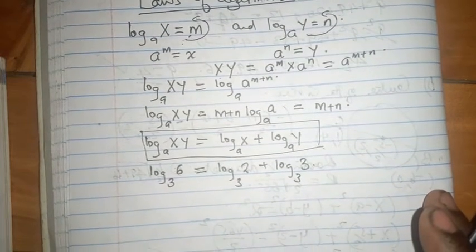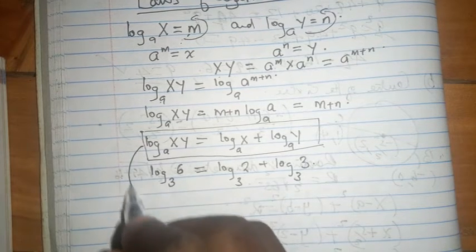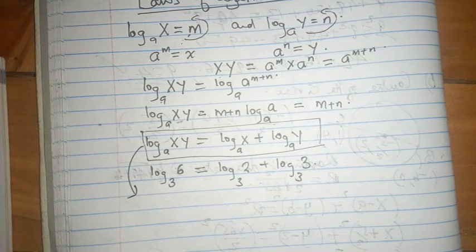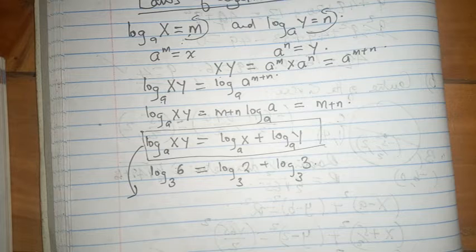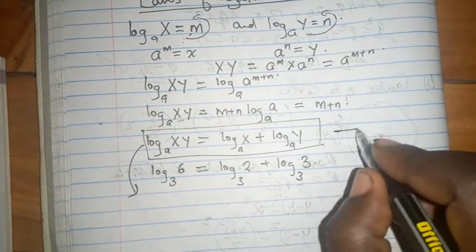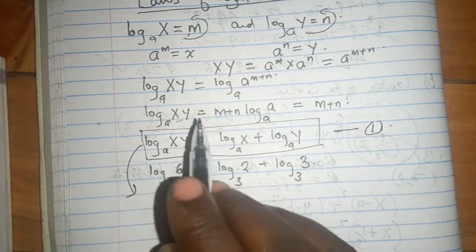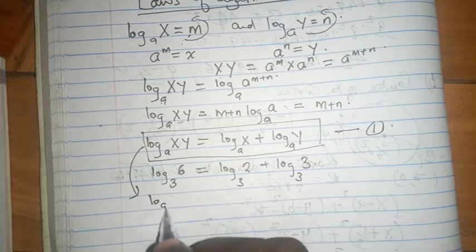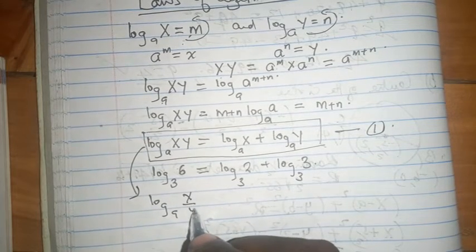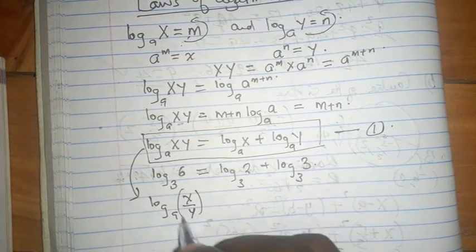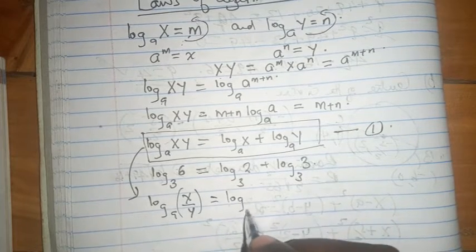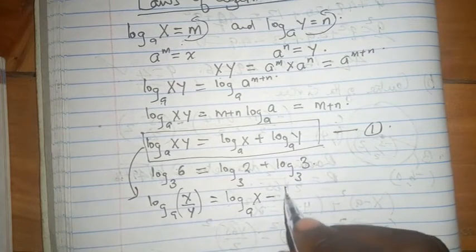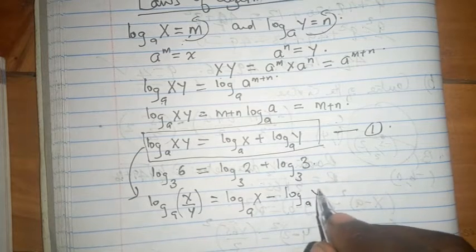This result is one of the laws of logarithm, and you can use similar methods to prove two further laws. Let's call this law 1. You can use similar processes to say log to base a of x over y is equal to log to base a of x minus log to base a of y.